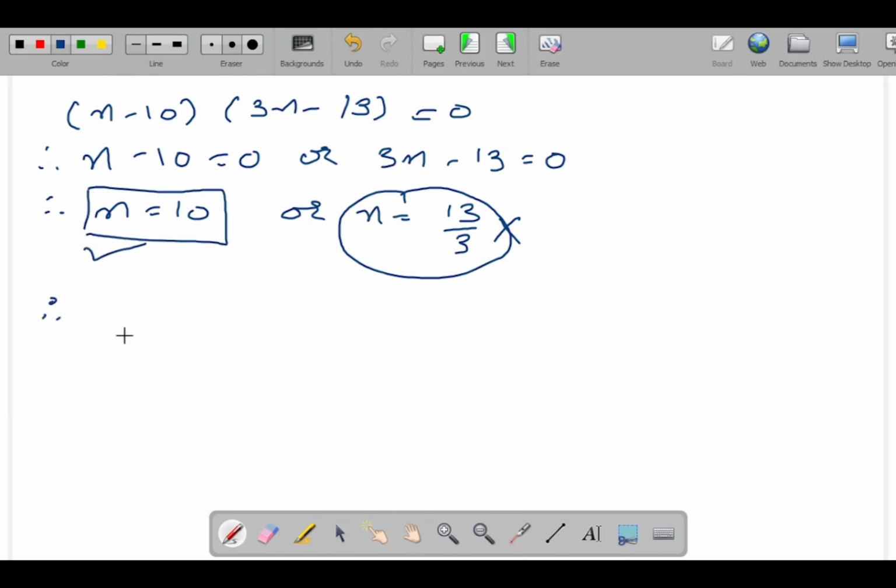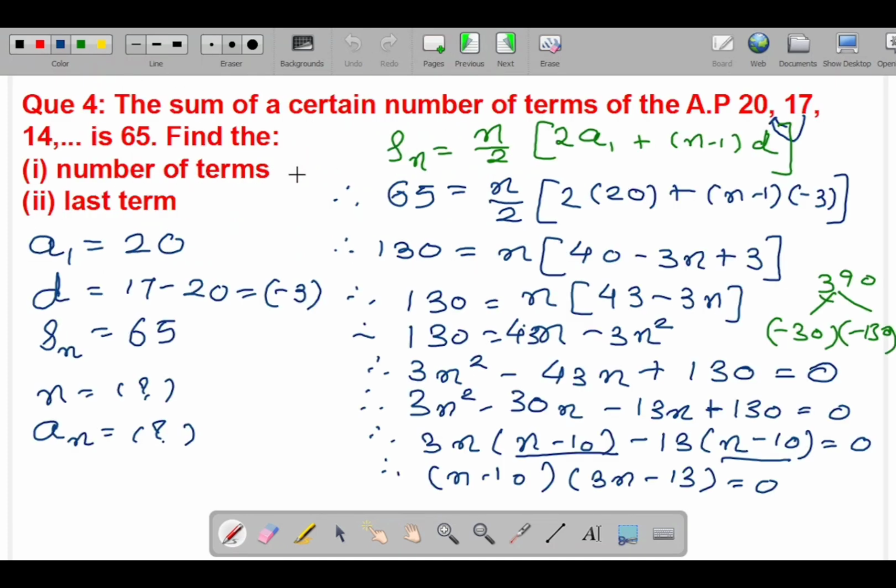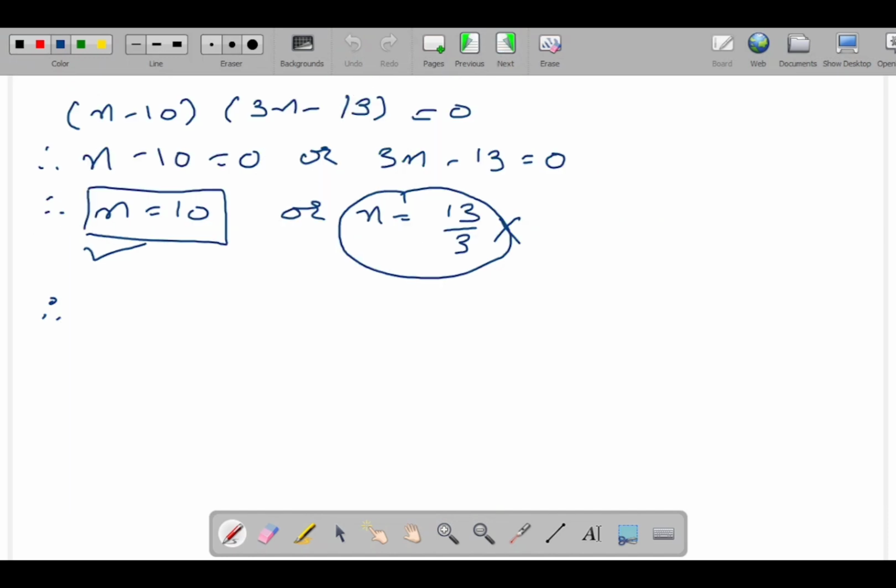That means the first question which they asked was the number of terms, that you have got, it is 10, right? Sum of first 10 terms is 65. Now we calculate the last term. Now it is easy for you to calculate because you already know the formula that an equals a1 plus n minus 1 into d.